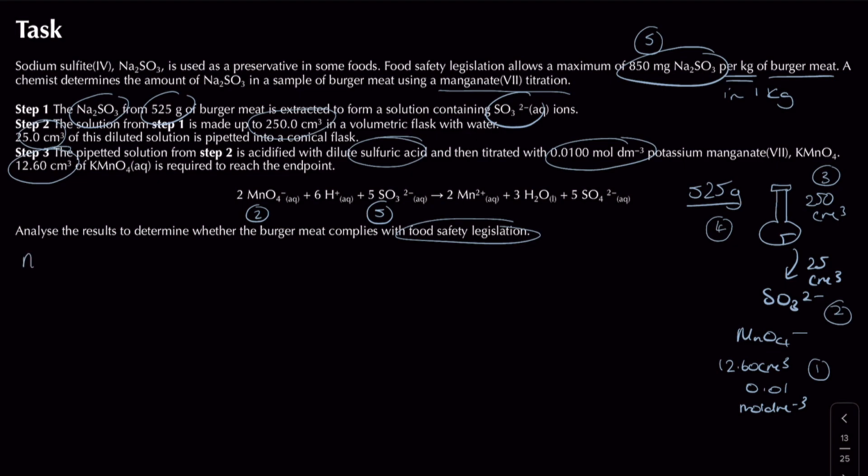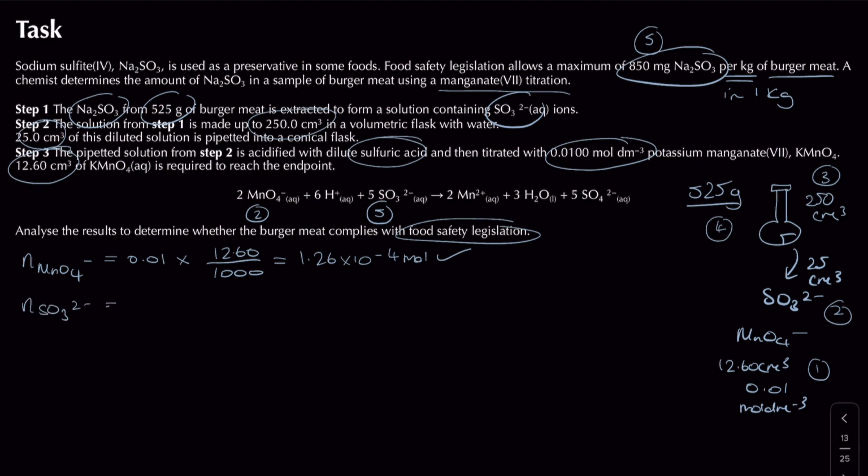So the first thing that we do is work out the number of moles of manganate, MnO4-, and that's going to be 0.01 times 12.6 divided by 1,000. We put that on our calculator and we end up with 1.26 times 10 to the power of -4 moles. Now we need to find the number of moles of SO3 2-.